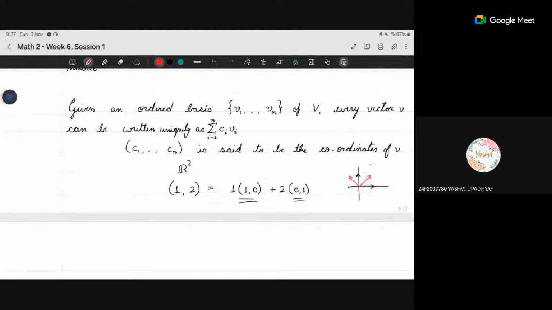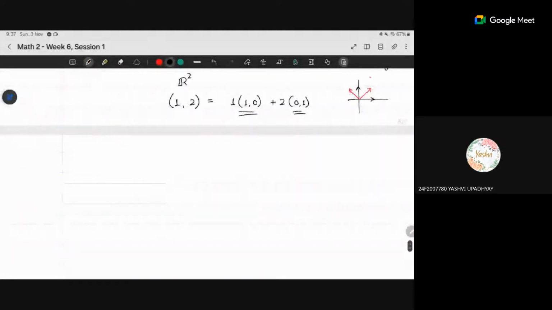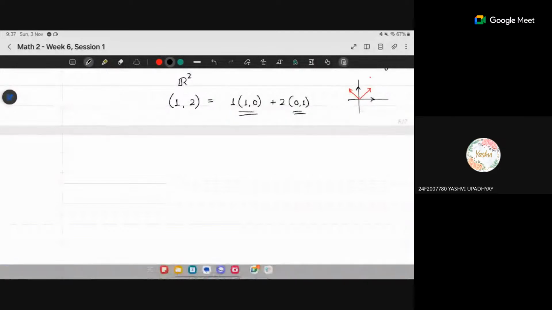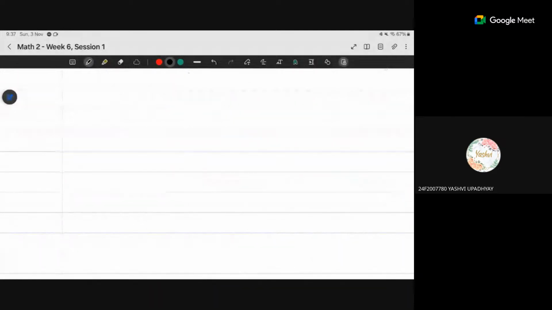Now, why am I talking about coordinates? What we actually did while trying to figure out the basis, going back to the example, trying to figure out what the matrix is, I looked at this, which was (2x plus 3y, 2x plus 4y). And look at what T of (1, 0) is.